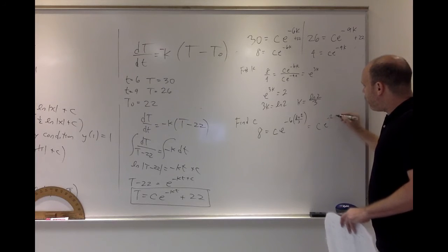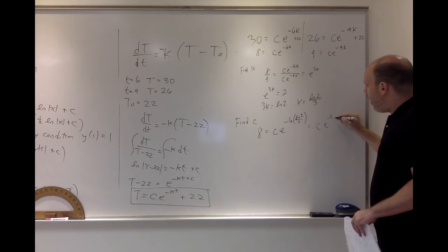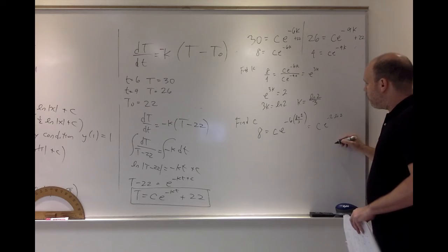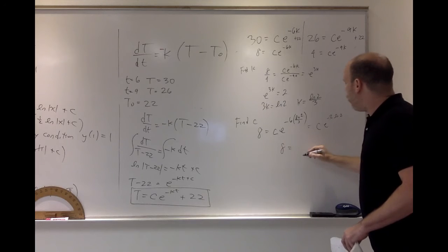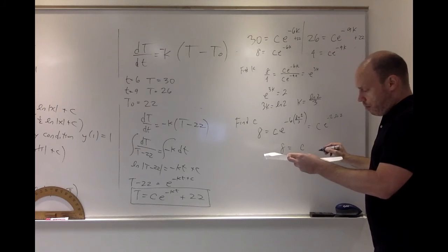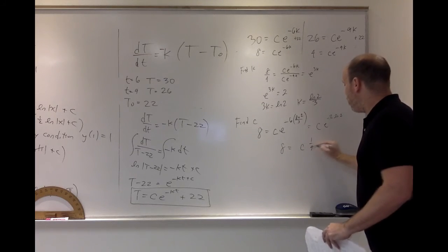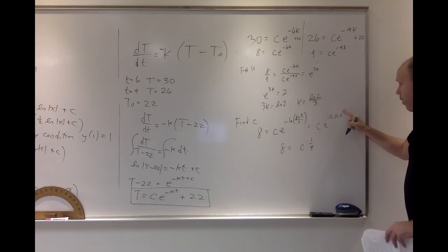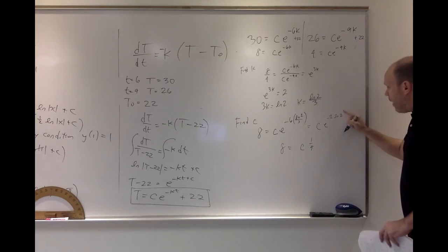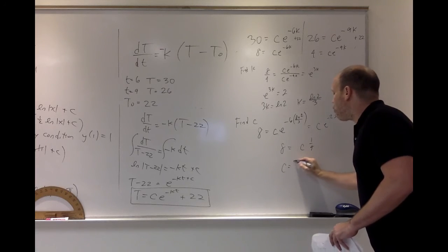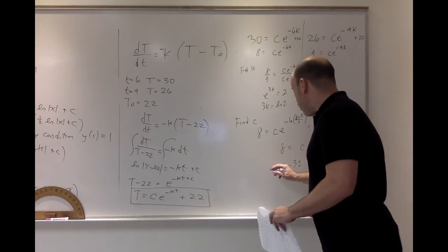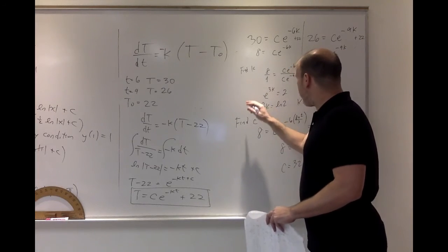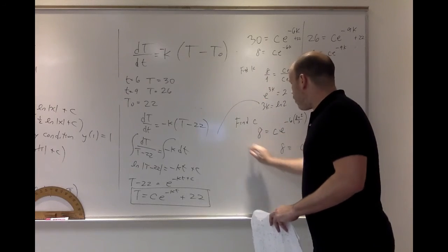This is negative 2 ln of 2. 8 equals c times 1/4, because the 2 comes up here, so it becomes e to the ln of 2 to the negative 2. This is 1/4, and then c equals 32, and therefore we have our equation. We have our k, and we have our c.